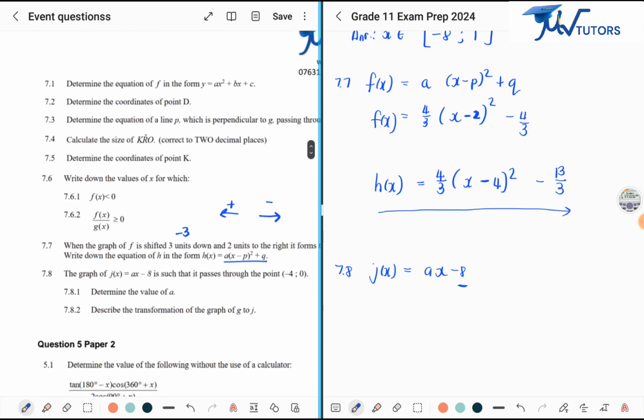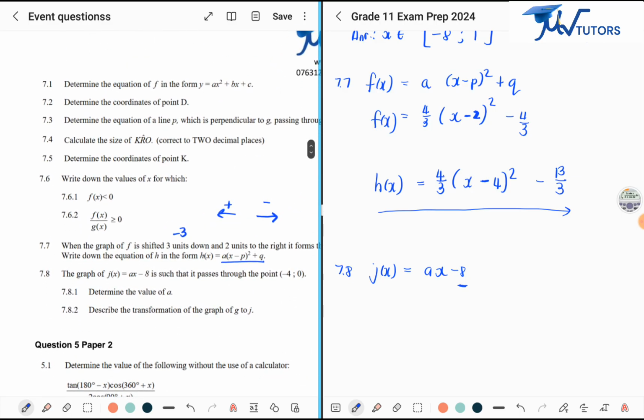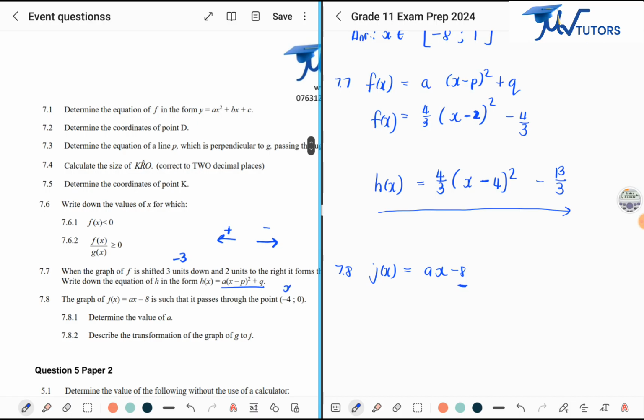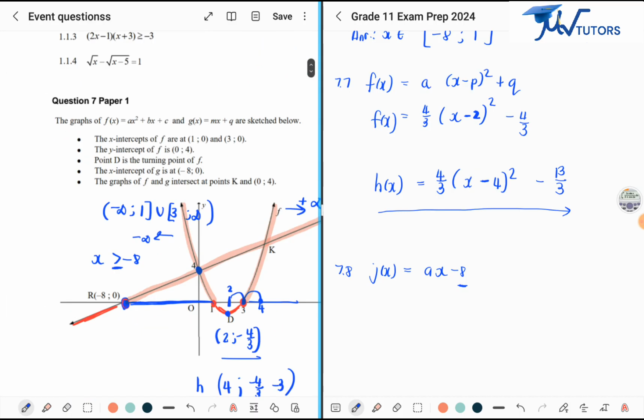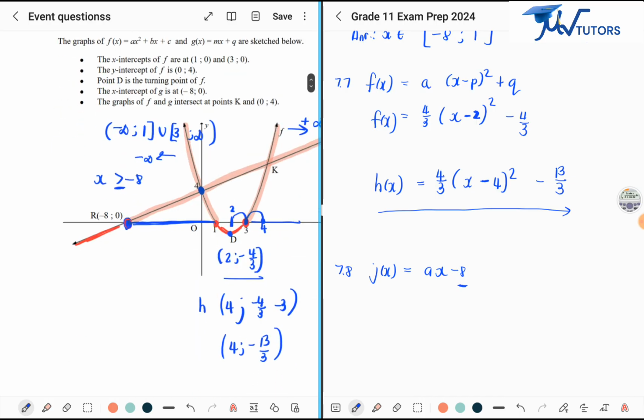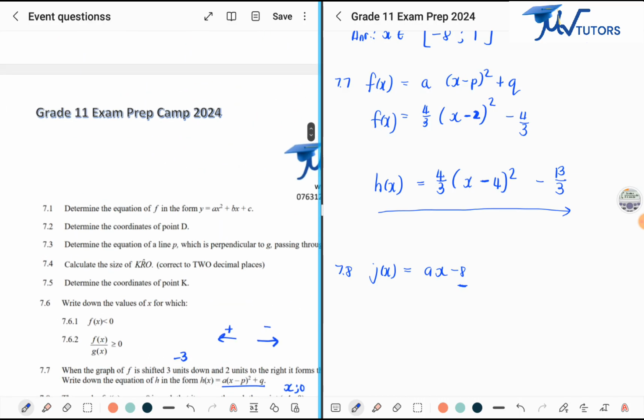Let me see, where does it pass? Oh, no. It passes the x-axis at negative 4, not the y-axis. So let's just erase that. It passes the x-axis at negative 4, and its y-intercept is negative 8. So if we go down here, let's say that's negative 8. So basically, that's the graph of J, right?